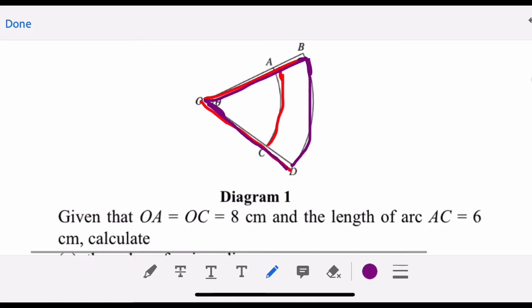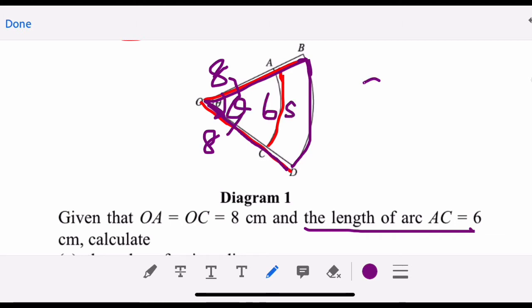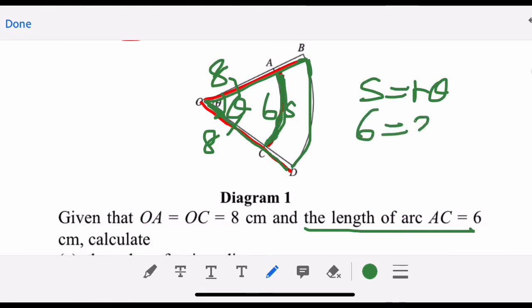The question says OA equals OC, 8 cm, and the length of arc AC is 6 cm. Immediately we think of S equals r theta. You are given the arc length. When you use the arc length formula, bear in mind that theta must be in radian.